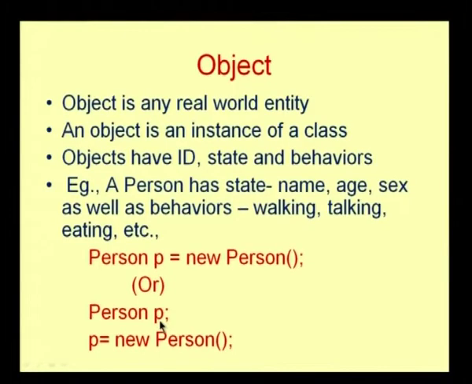So here it's a two-step process as already told. We declare an object of type person, and then we allocate memory for this particular class and assign that to this object reference.